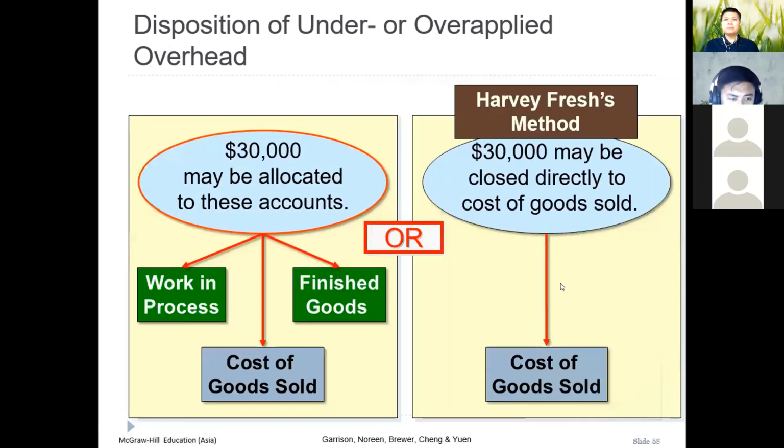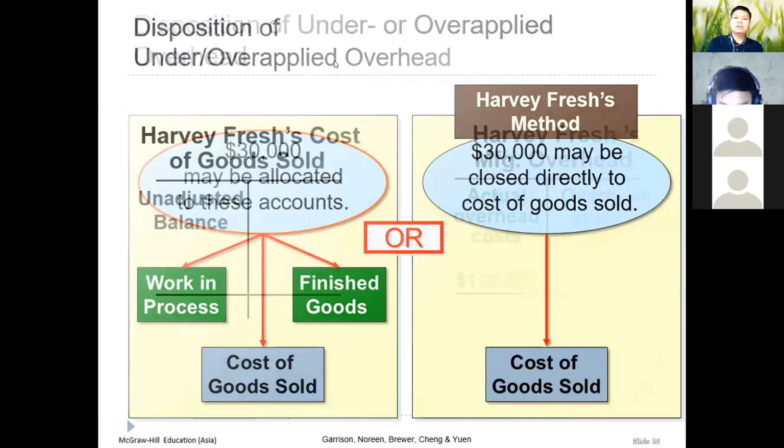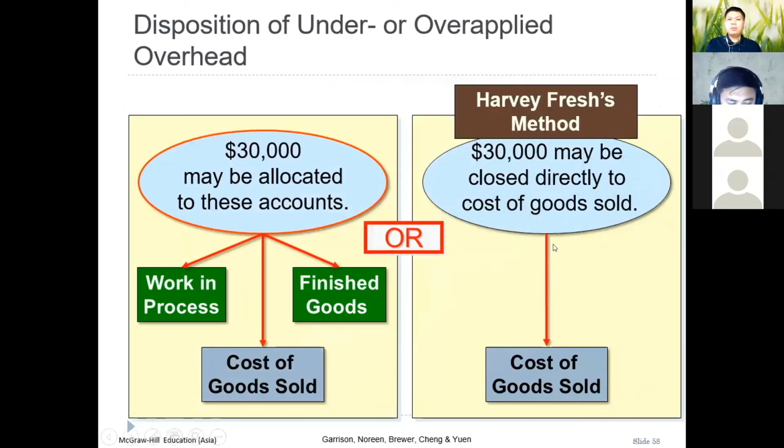Next. Now, how do you dispose of the difference? Sinasabi dito, disposition of the difference. Number 1 approach, pwede mo siyang allocate sa work in process, sa finished goods, at saka sa cost of goods sold. So, kung meron kang under-applied, dadagdagan mo ngayon si work in process, si finished goods, at saka si cost of goods sold.